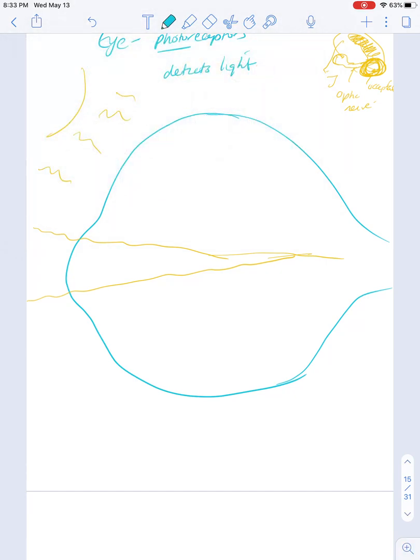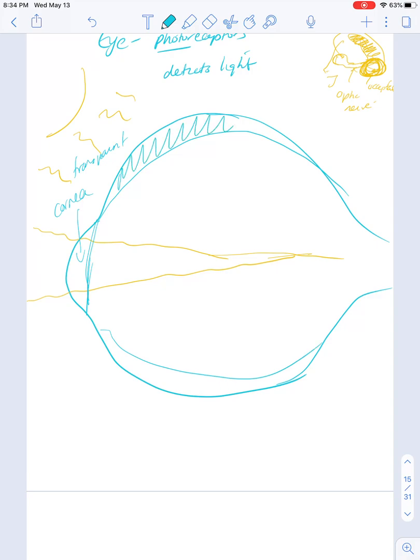So your eyeball has a very thin layer called the cornea, and it's transparent. It has to be transparent because it has to allow the light through. It is surrounded by this layer, which is tough outer tissue.